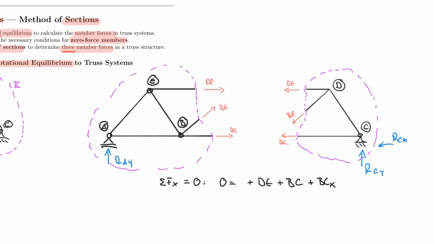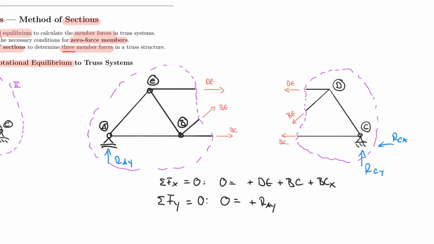Let's try the sum of the forces in the y direction being equal to 0. And 0 is equal to, and again I'm looking at this left cut here. Of course, it's true for the right side as well, but I'm looking at the left side. So 0 is equal to plus RAY, which usually would include a value.